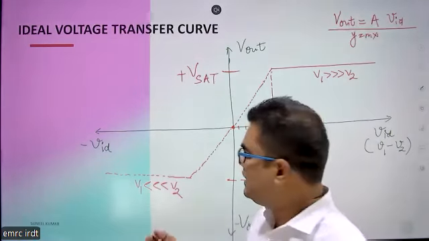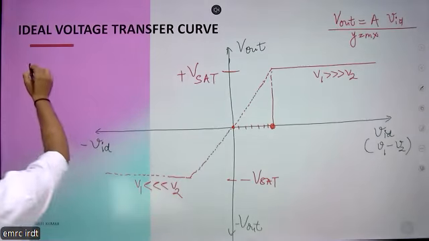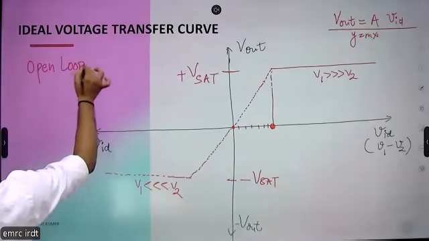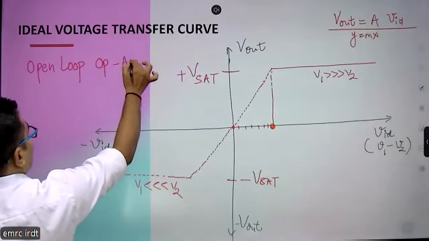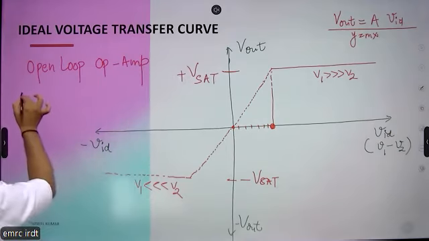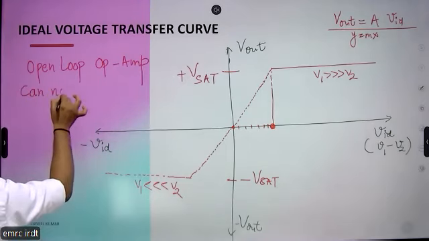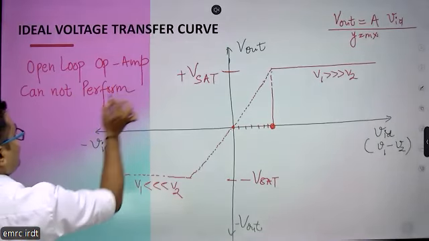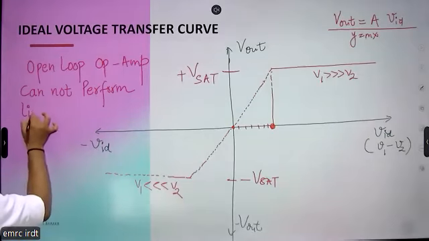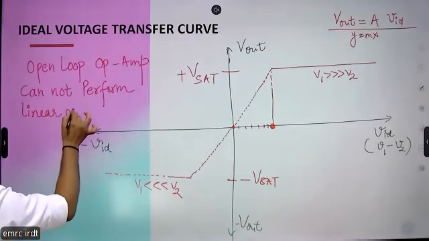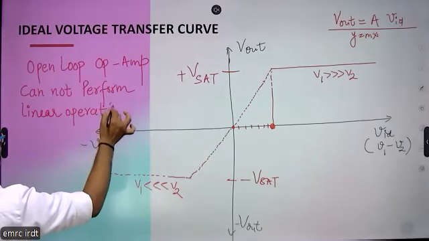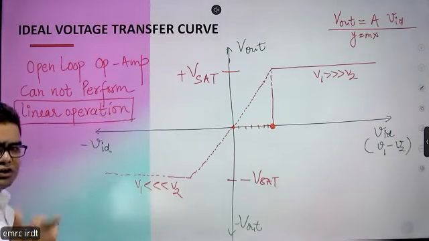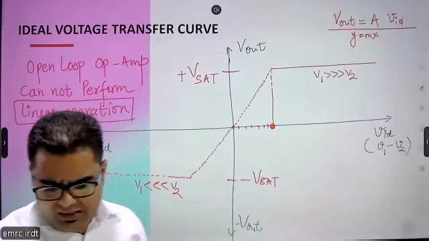So we can write here: open loop op amp cannot perform linear operations. This is very important to understand, that an operational amplifier in open loop configuration cannot perform linear application.